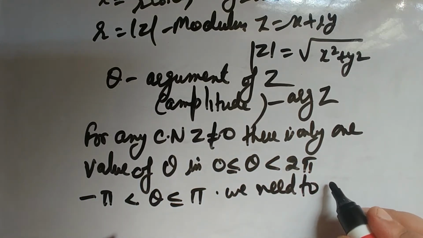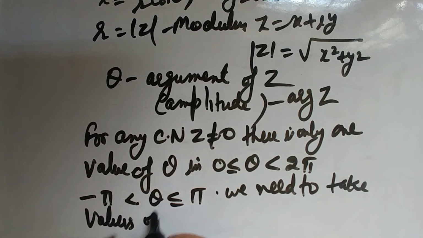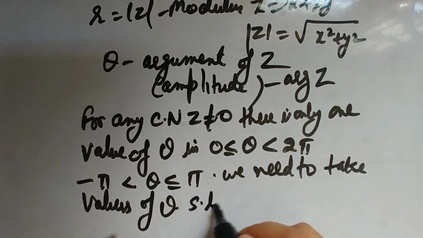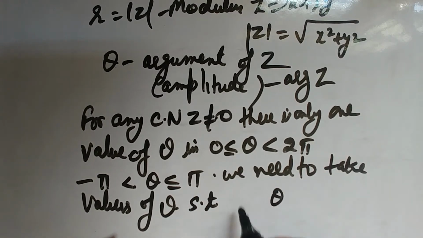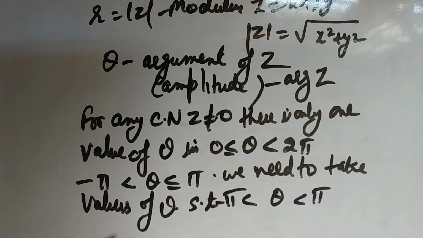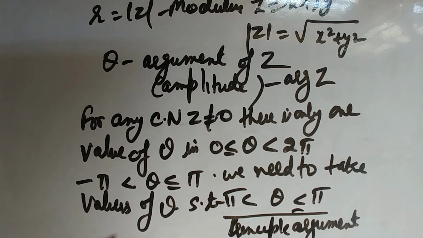We need to take the values of theta in such a manner that it is lying between minus pi and pi. Here we take the equal to sign, and this is called the principal argument of z.